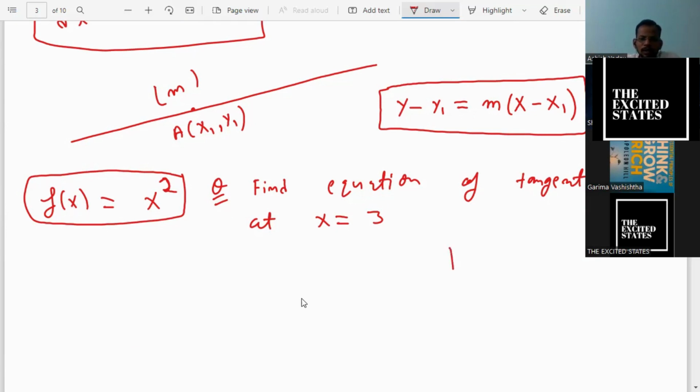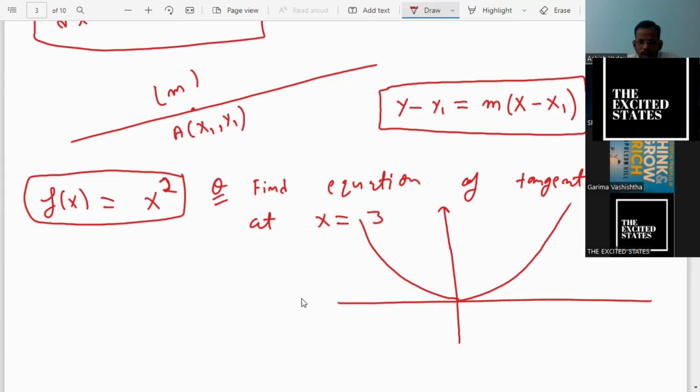Let me just draw this for you. I think you have already covered the quadratic equation also, but if you have not covered, no problem. I am just drawing the curve of this function. This is y equal to x square.